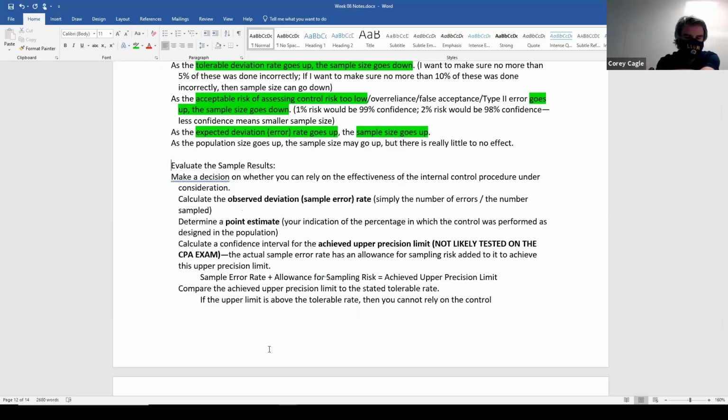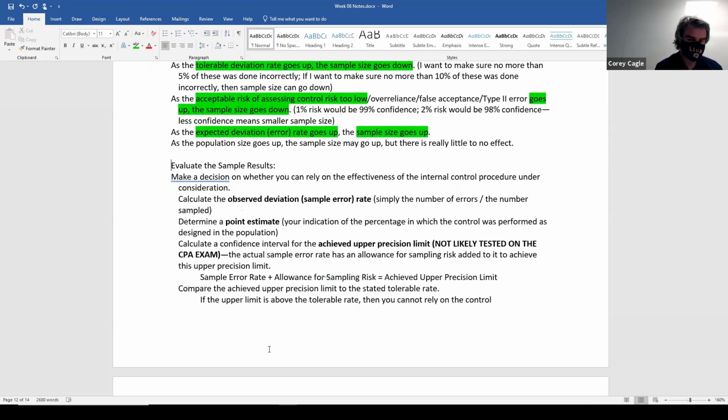It depends on your deviation rate, how many you expect to be wrong, your tolerable rate, the most that you're willing to accept without changing what your original reliance was on it, and the risk you're willing to accept for screwing it up with your sample, right? Over-relying, under-relying, over-relying, get mixed up too. Assessing control risk too low, over-relying on controls.